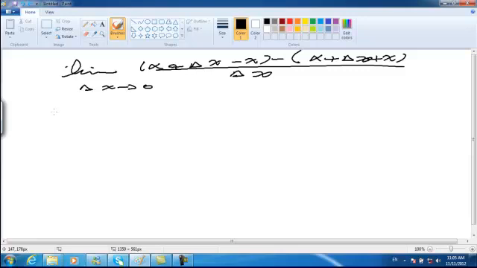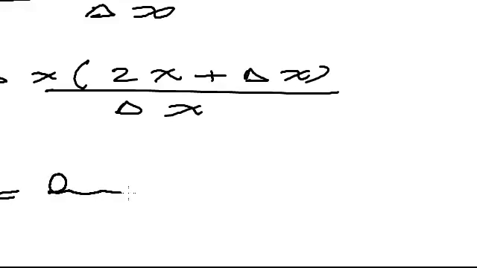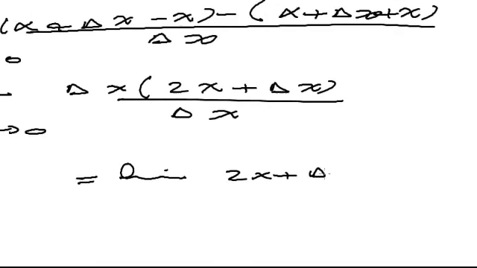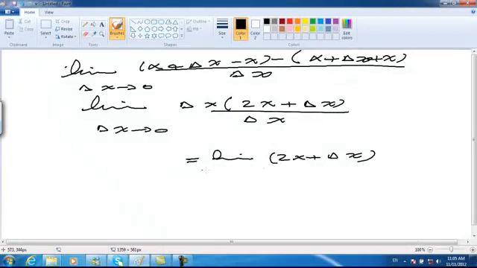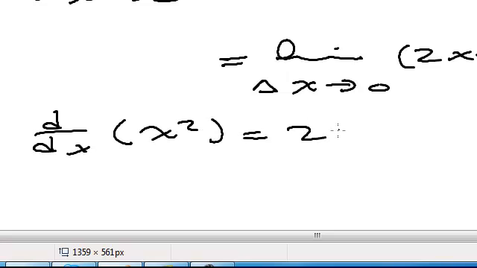After factorization, the limit of delta x multiplied by 2x plus delta x, divided by delta x, as delta x tends to 0, equals the limit of 2x plus delta x as delta x tends to 0, which equals 2x. Then d by dx of x square equals 2x.